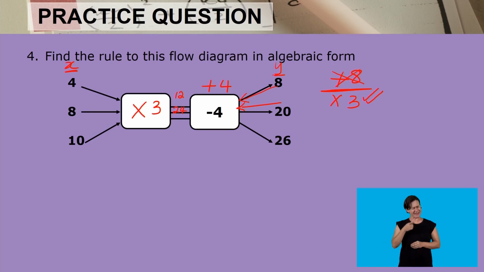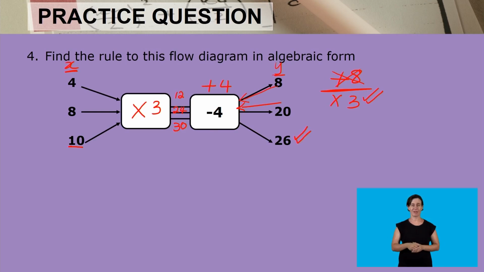But just to be extra sure, we need to make sure that it works also for our last input value. So when we take 10 and we multiply by 3, we know that gives us a 30. And when we subtract 4 from that 30, indeed, we do get our 26.